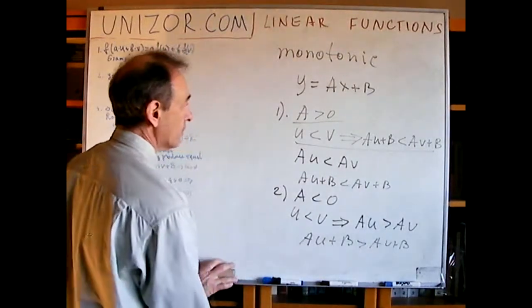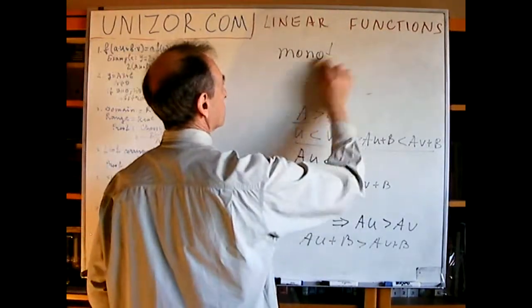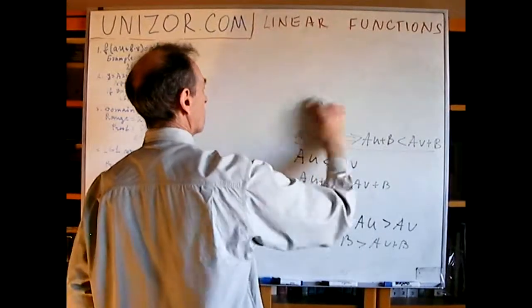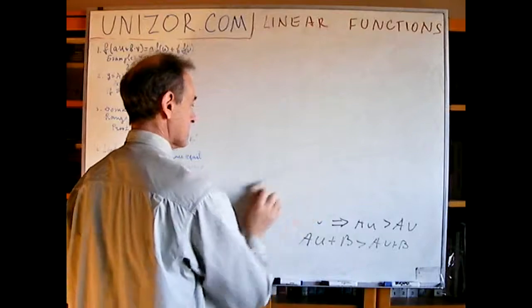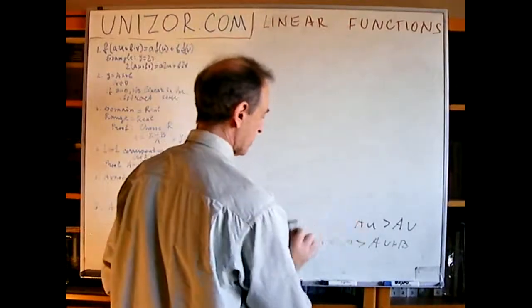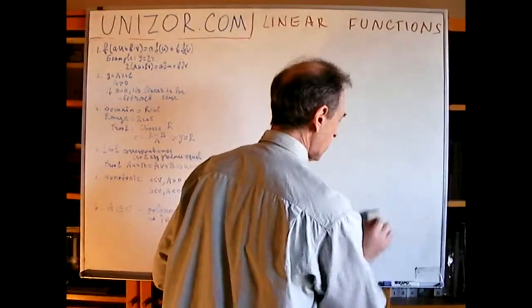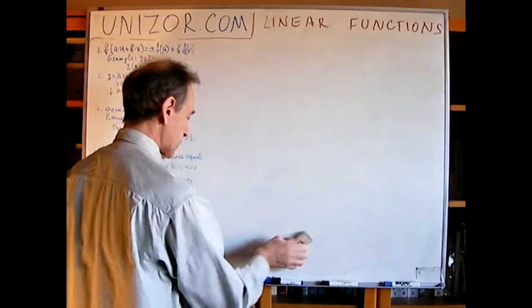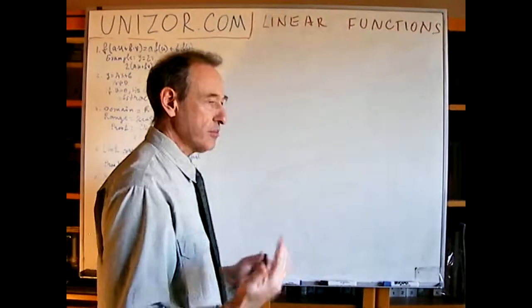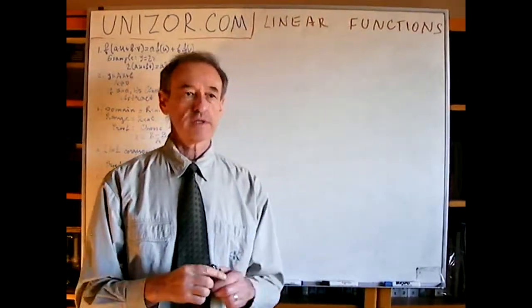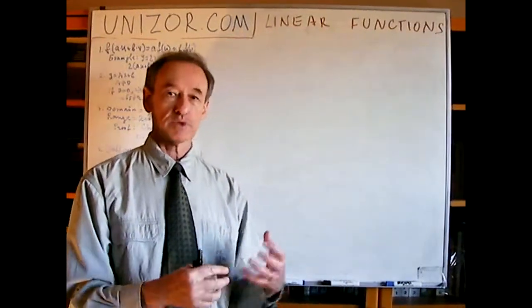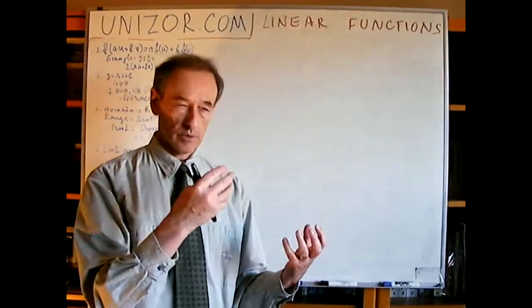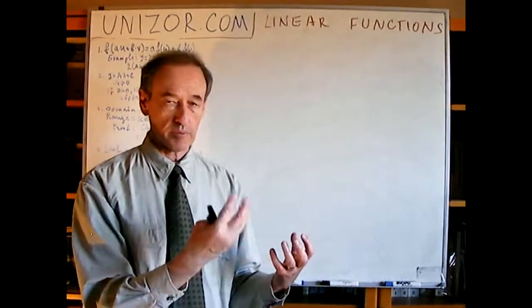Now, the only thing which I actually wanted to talk about is why we so adamantly insist on a is not equal to 0. And I gave you already a couple of examples of the properties which are important for linear function. For instance, that the linear function establishes a one-to-one correspondence between the set of real numbers and itself.